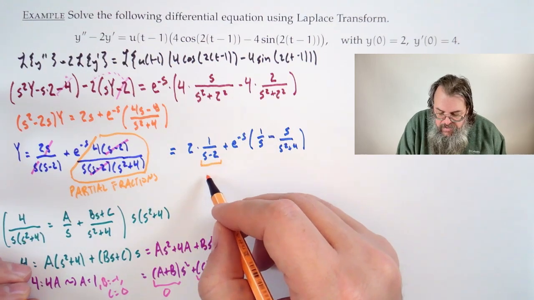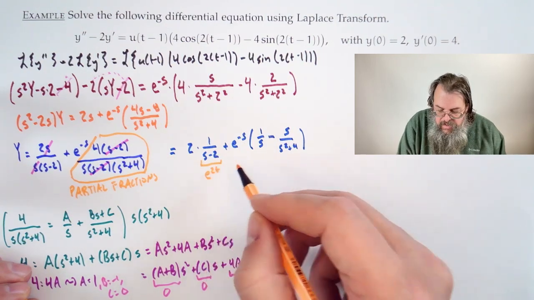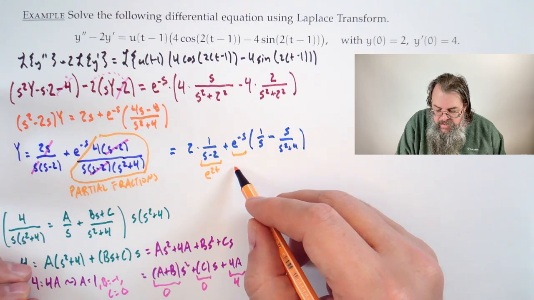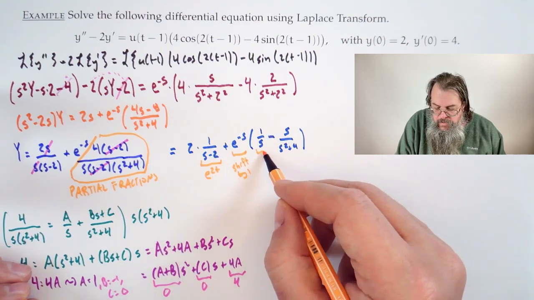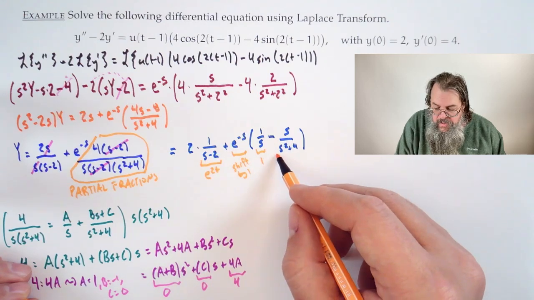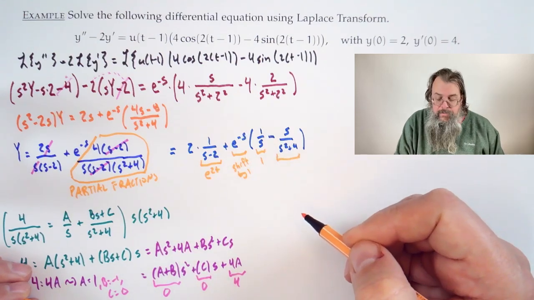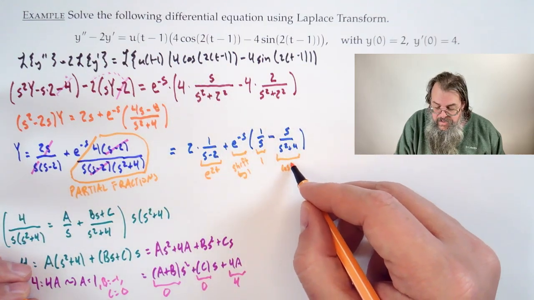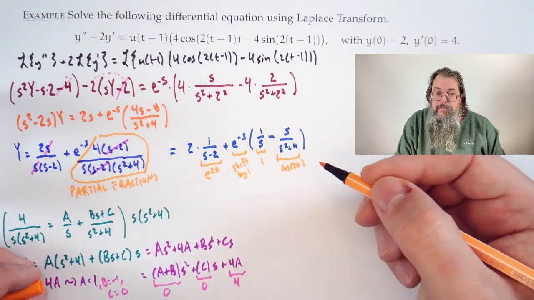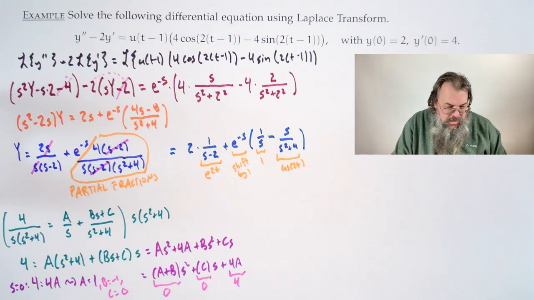1 over s minus 2 becomes e to the 2t. E to the minus s means shift by 1. 1 over s becomes 1. And s over s squared plus 4, it's right there. That's cosine of 2t before we've done our shift.